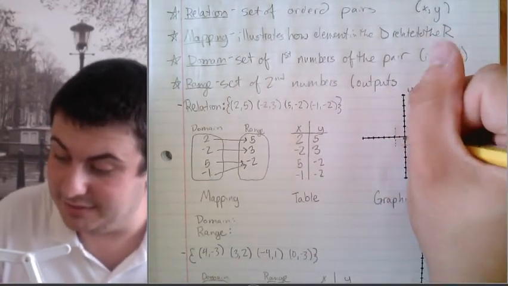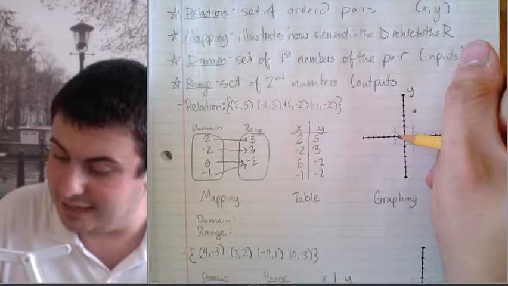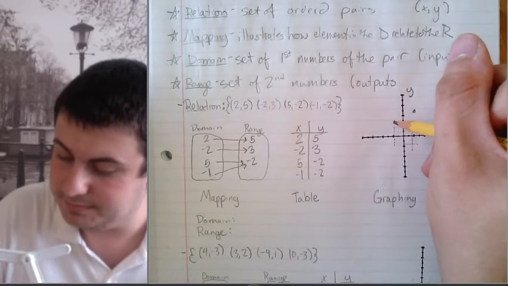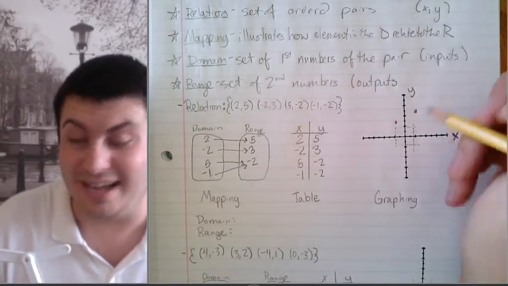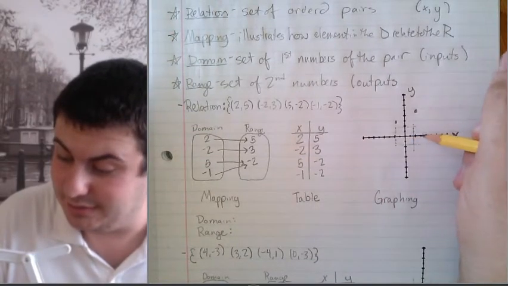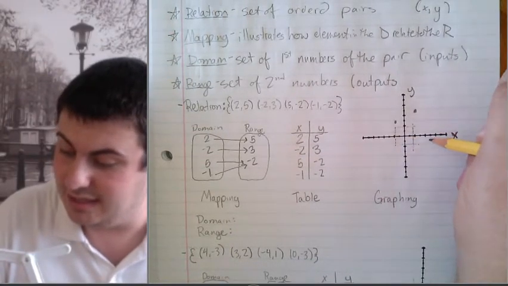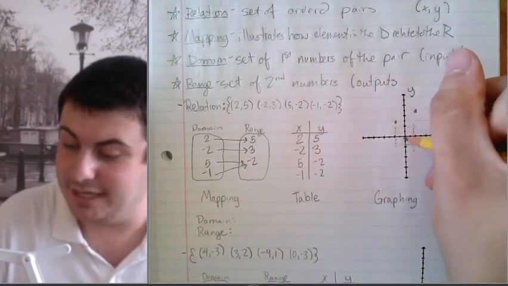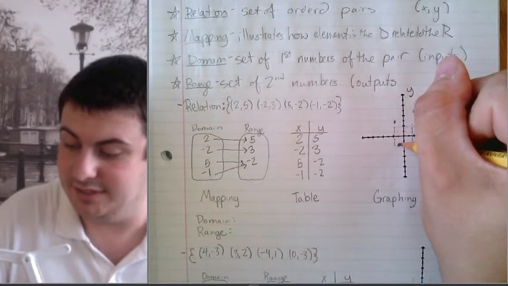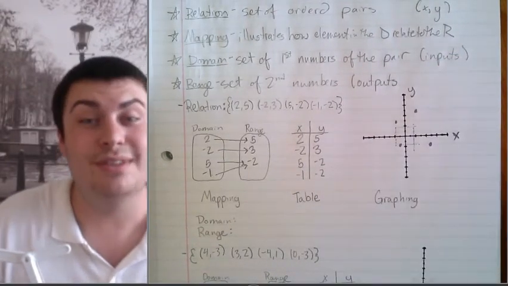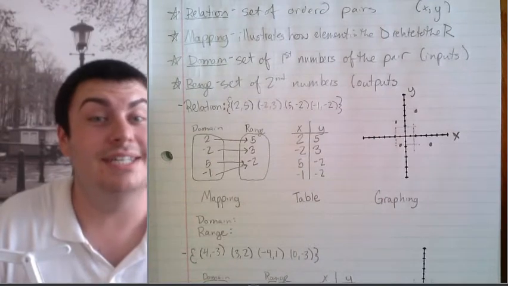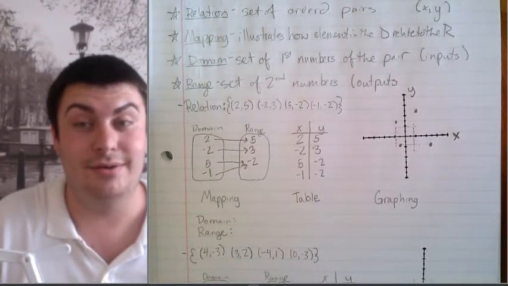I'm going to go negative 2, 3, which means I'm going to go negative 1, 2, and up 3: 1, 2, 3. I'm going to go 5, negative 2, which means I'm going to go 1, 2, 3, 4, 5, and down 2. And I'm going to go negative 1, negative 2. So there my relation is graphed on a coordinate plane.